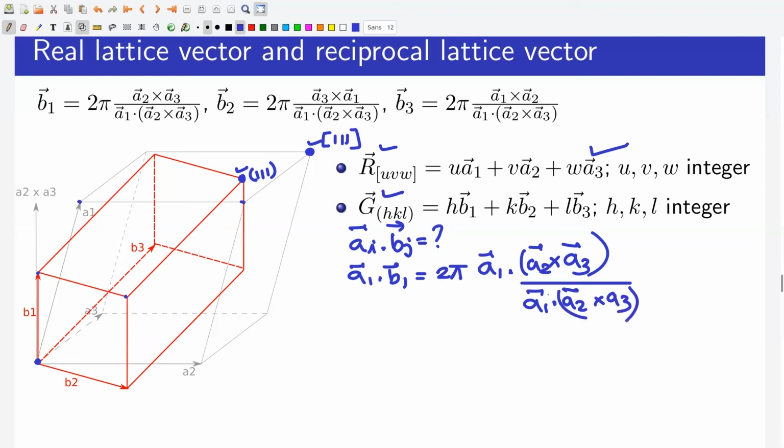Correct. What you see is that we have the same term in the numerator as well as the denominator, so this will cancel out, and we just get a term of 2 pi.